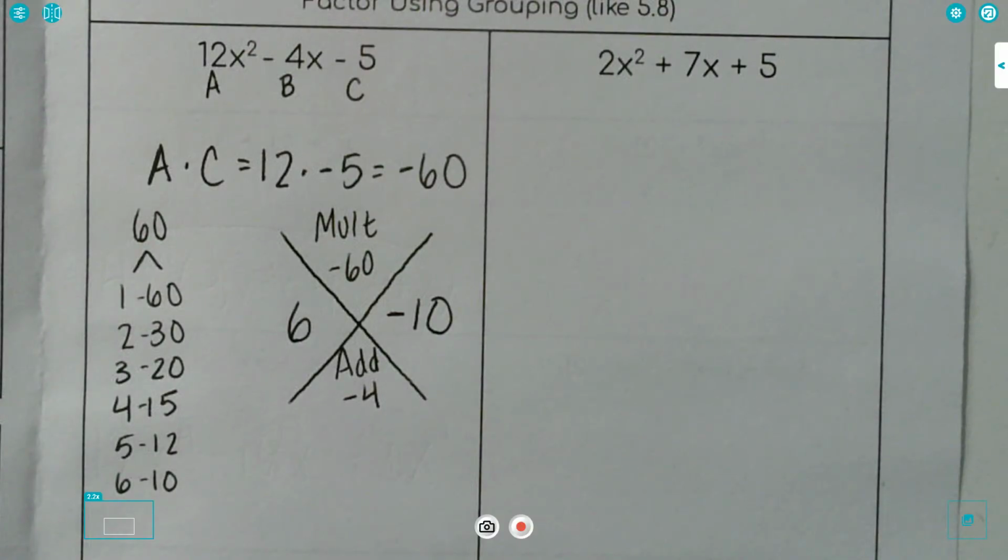So if you are not able to get your 5.9s all the way done, still do them to the best of your ability. And even if you get stuck and you give up, don't erase everything. Because if you erase everything, I can't see it and I can't give you any partial credit. But if you leave whatever hot mess you have, I bet I can find some points in there, that some part of that hot mess is correct.